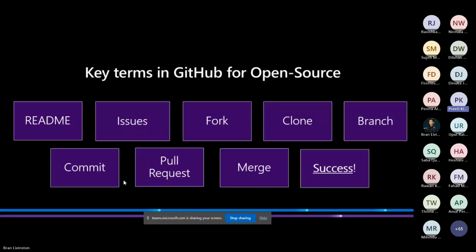So in open source, whenever we look at some project, we will go to that project and then go to README. We will read it, and we will next go to the issues section. I have already told you about the issue tracking in the starting slides. So now coming to issues. After reading about the project, we will go to the issues. I want to contribute to this project.